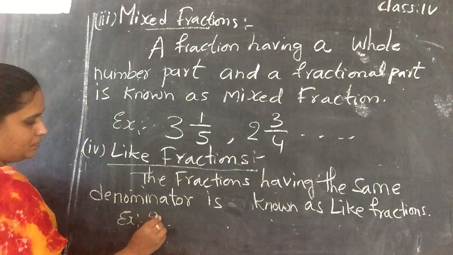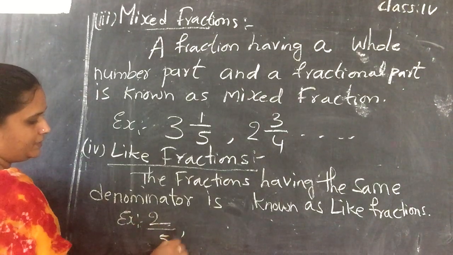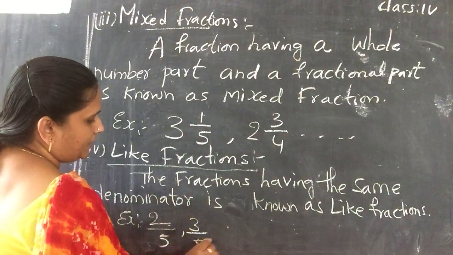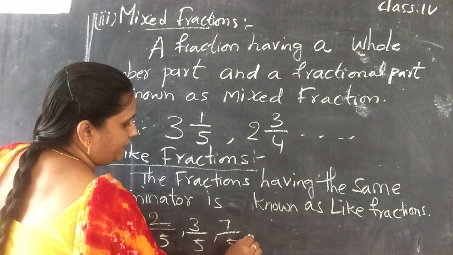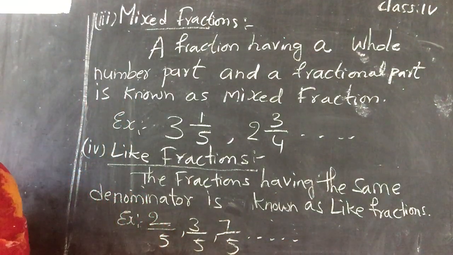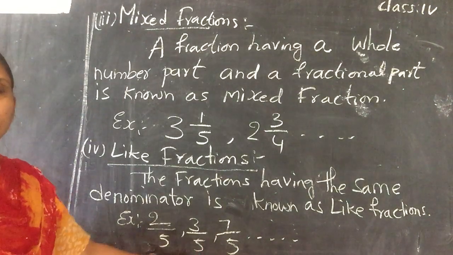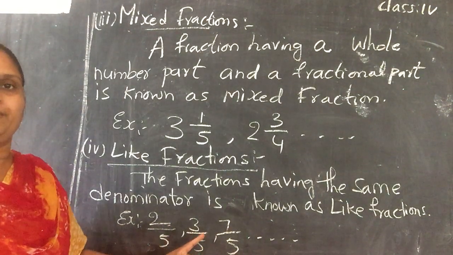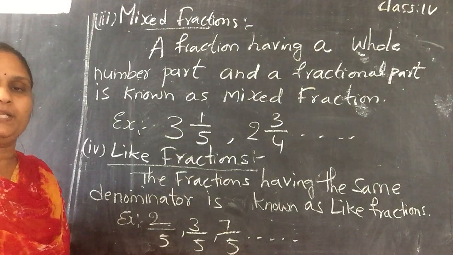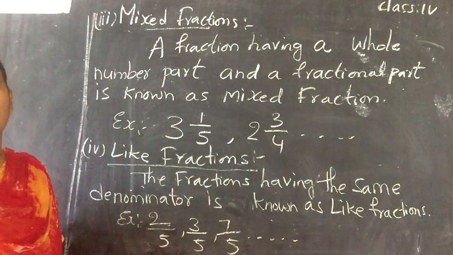Example, 2 by 5, 3 by 5, 7 by 5, like that. If you observe, all the denominators are 5, 5, 5. So all these fractions have the same denominator, so they are known as like fractions.